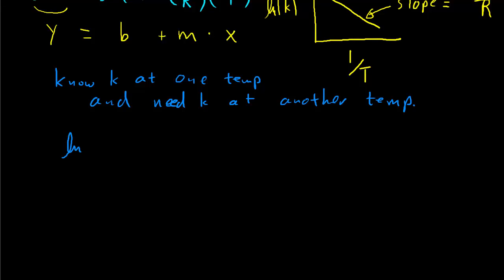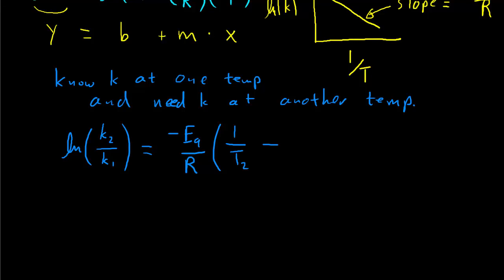It says the negative log of k2 divided by k1, and these are the rate constants at two different temperatures, temperature 1 and temperature 2, is equal to negative EA over R, and so on. In order to use this equation, you already have to know what the activation energy is. So you already have to have done these experiments that I was talking about to determine that Arrhenius parameter.